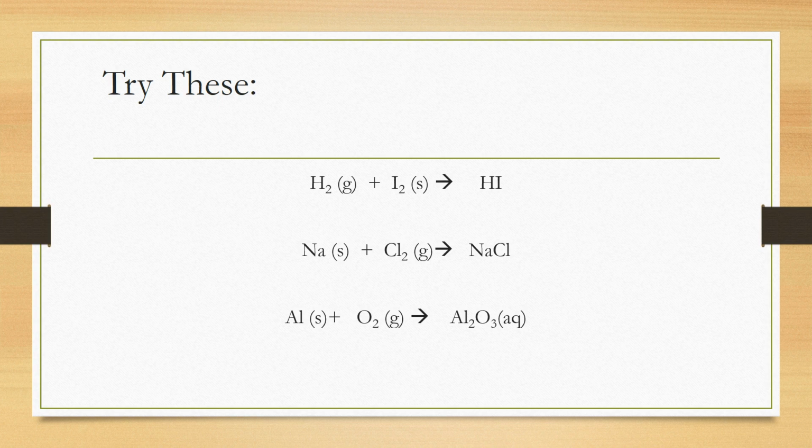All right. So looking at the first one, we have H2 plus I2 reacting to form HI. In order to balance this, what coefficient do I have to add and where? Okay, so all I need to balance this one is a 2 in front of HI, and that balances it.